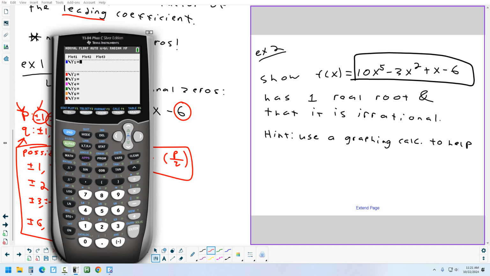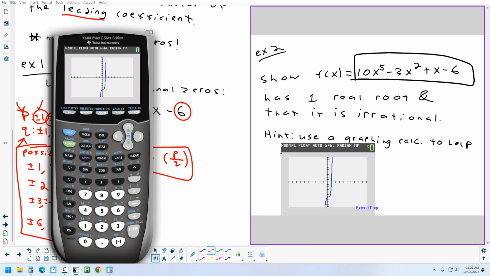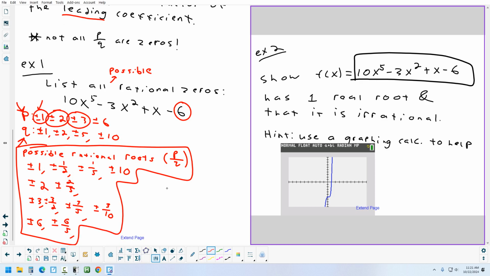So it's 10x to the 5th minus 3x squared plus x minus 6, and I'm going to do zoom 6. So show that it crosses one time. Okay. So here's our graph. And can everybody see that it crosses one time? Okay.